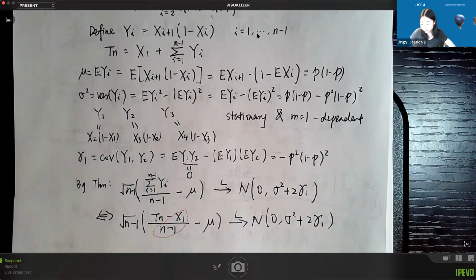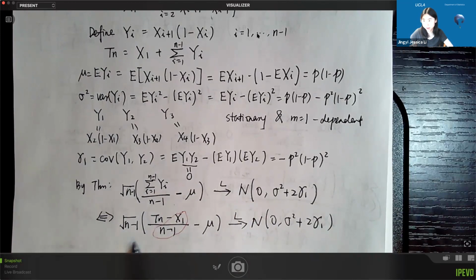And another thing I can simplify is the n minus 1 here. When n is large, asymptotically, I can replace n minus 1 by n.